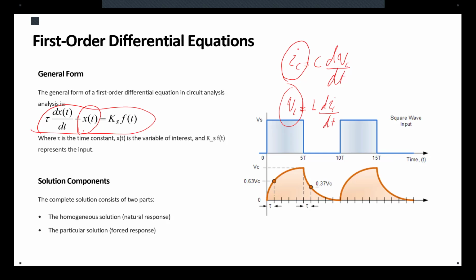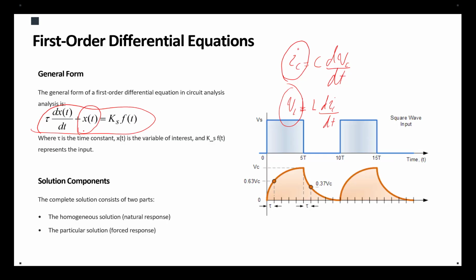Now, remember, the coefficient of x(t) is 1. If you have such an arrangement for your first order differential equation, the coefficient of the derivative, we call it tau or time constant. Okay, so what is the time constant? The definition of the time constant is the amount of time that it takes x(t) to reach 63% of the final value.